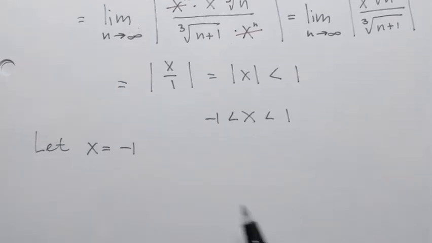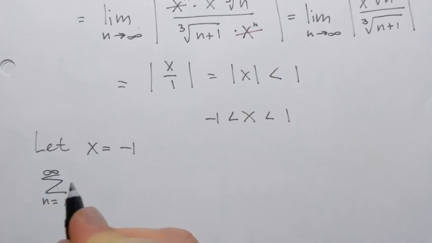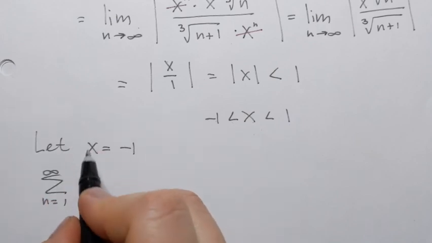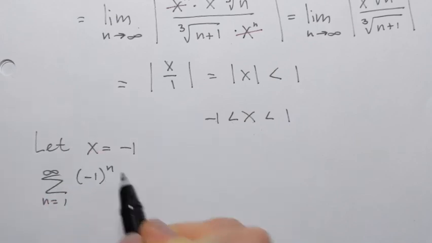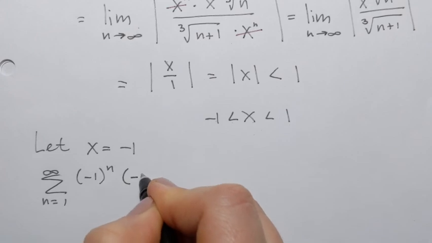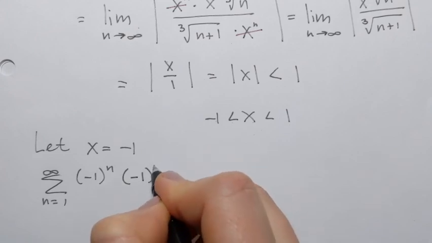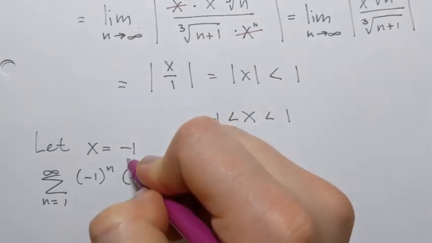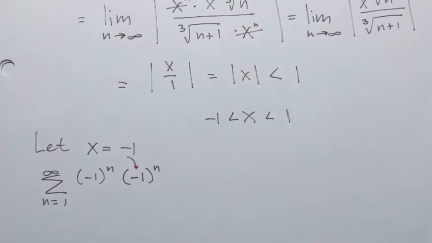Then I will obtain the series that looks like this and goes from 1 to infinity. I'm copying everything down except that I am replacing x with -1. Next, here in the series I have x to the power n. I'm going to be writing -1 to the power n. So that's where I place that -1. And in the denominator, I have cube root of n.